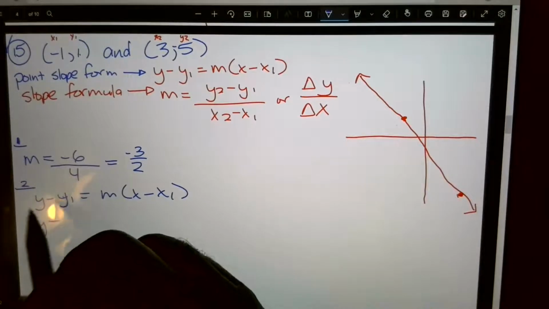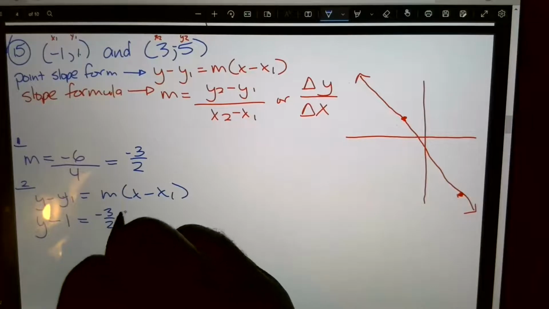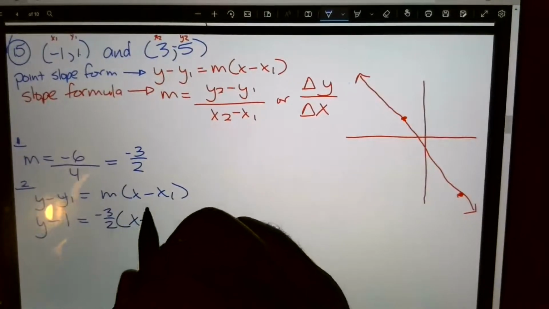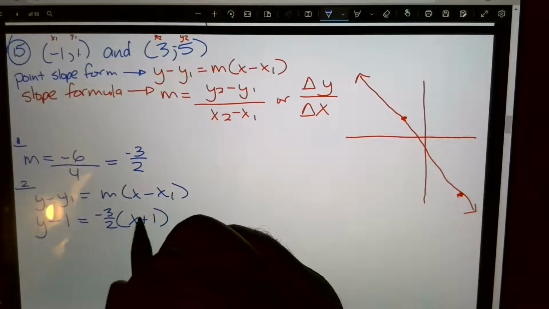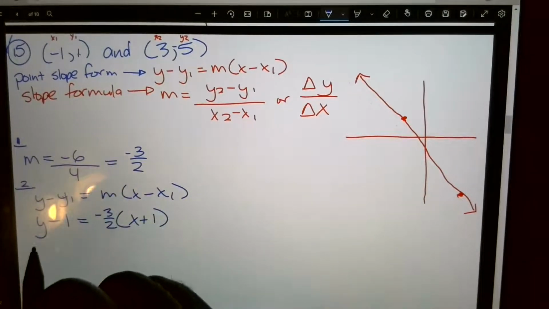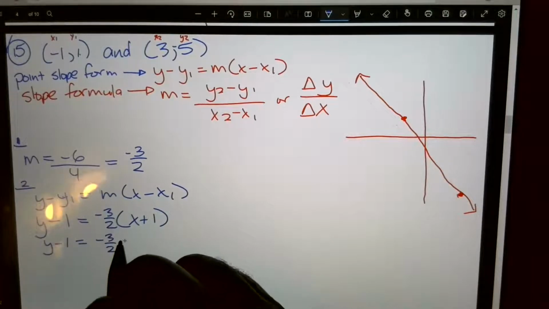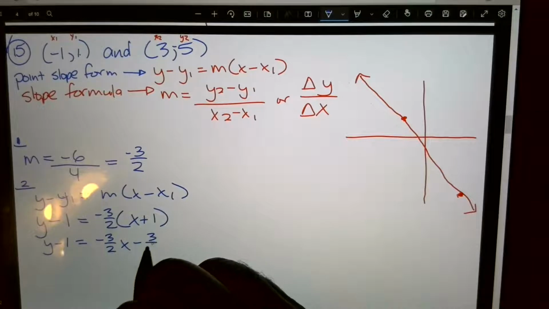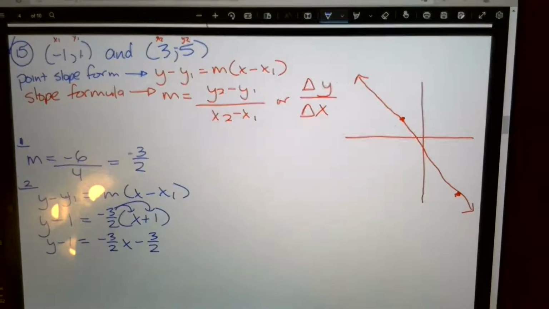Y minus 1 is equal to -3/2 times x minus -1. So that's x plus 1. Subtracting a negative yields a positive. So this is y minus 1 is equal to -3/2 x minus 3/2. I took the 3/2 and distributed it to both of them.